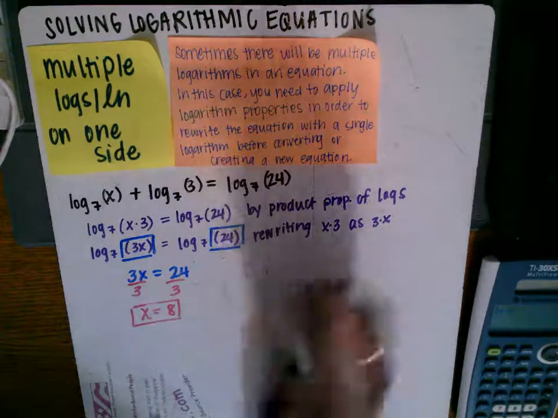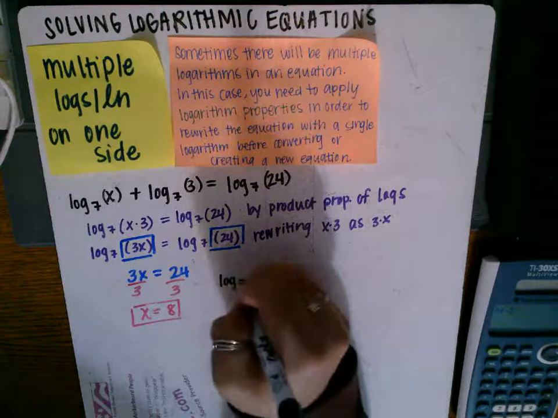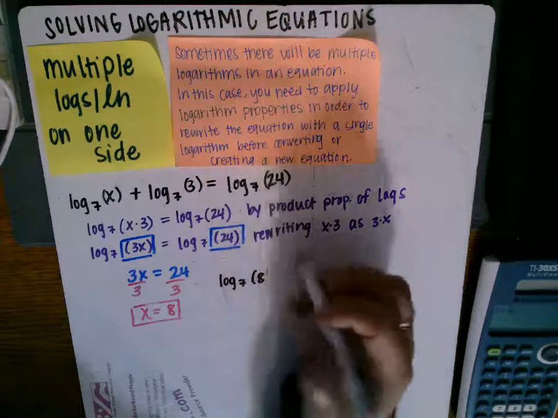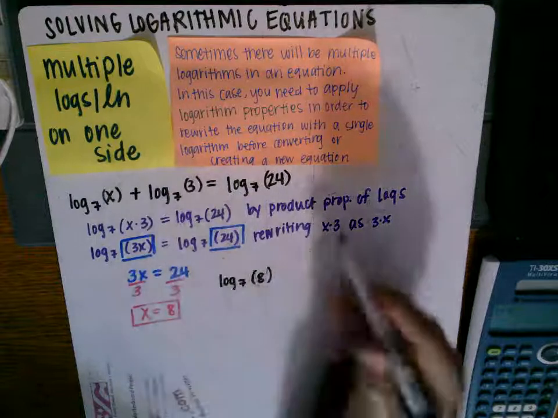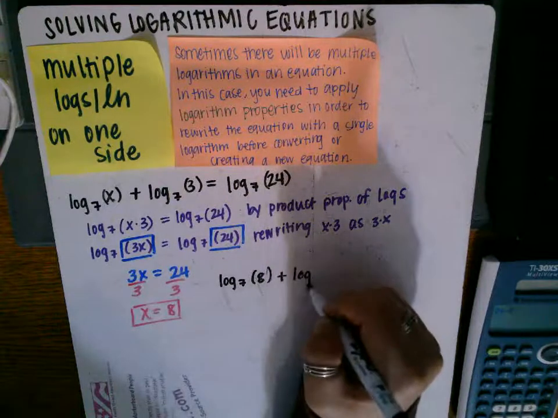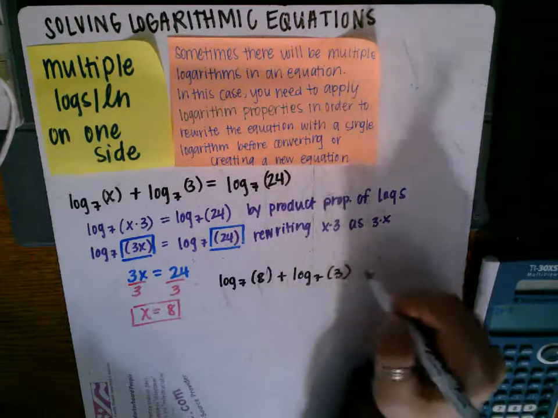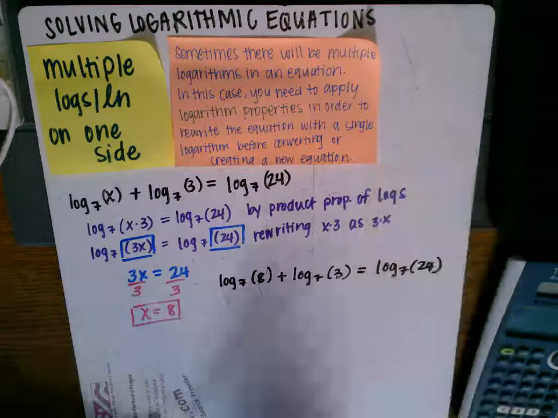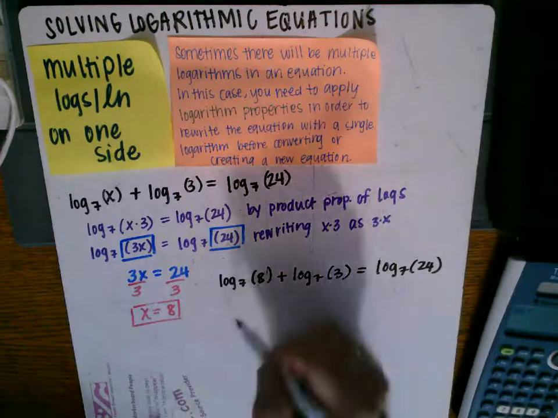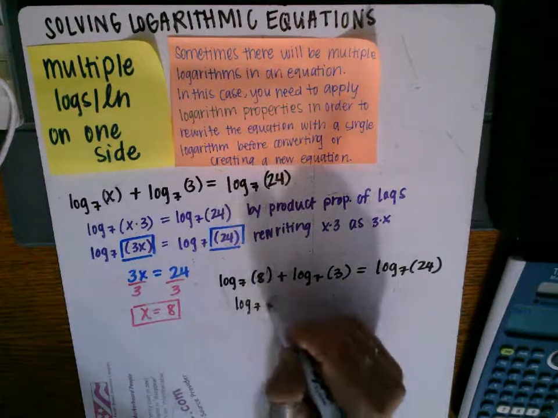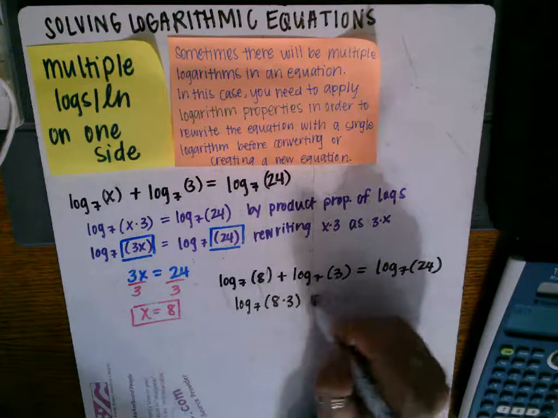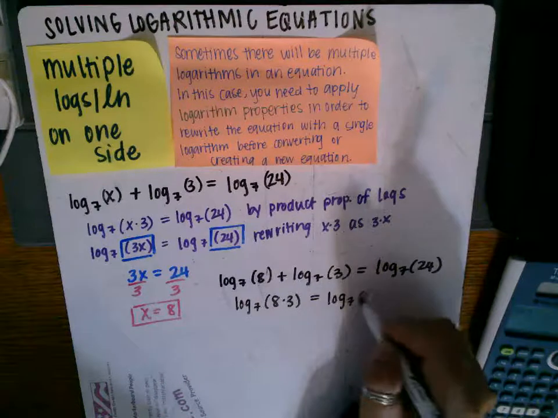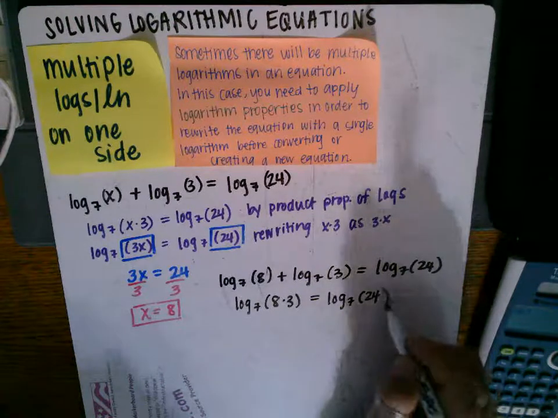And remember, you have to check it in the original. So I'm checking if log base 7 of 8 from the x plus log base 7 of 3 is equal to log base 7 of 24. Now, I can use my product property of logs to become log base 7 of 8 times 3. And I'm hoping this is log base 7 of 24.